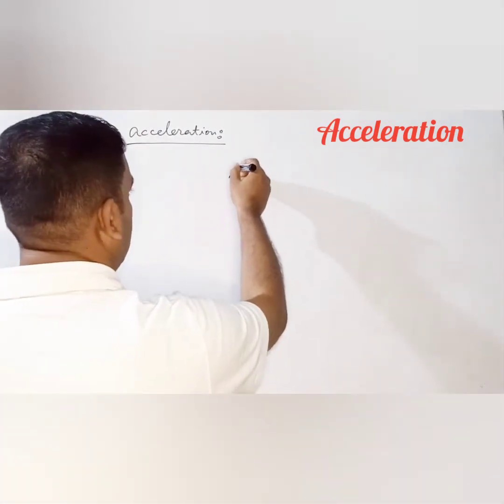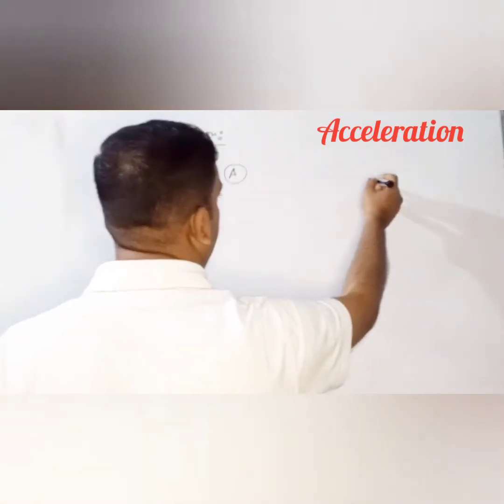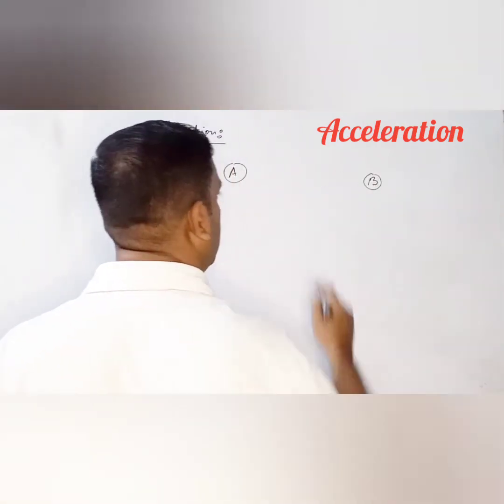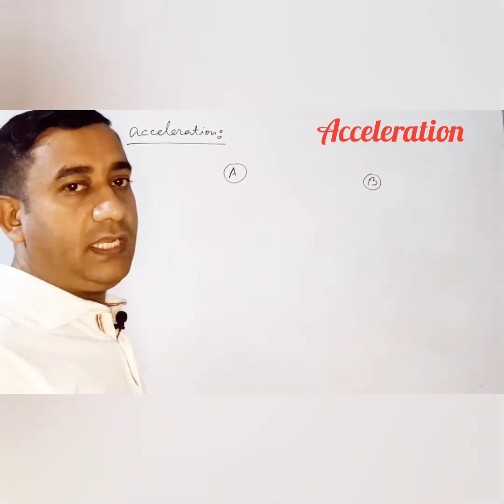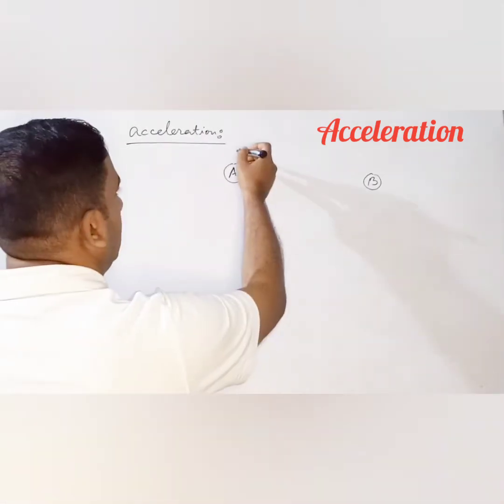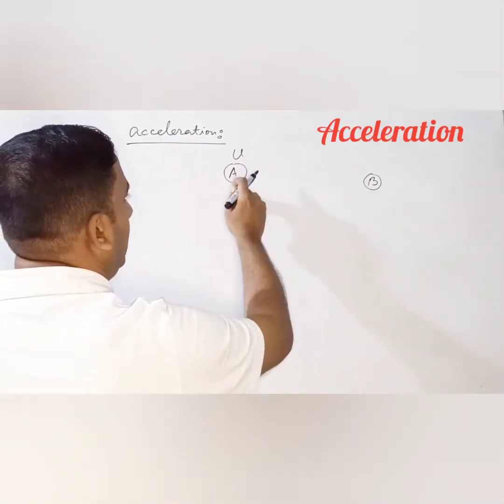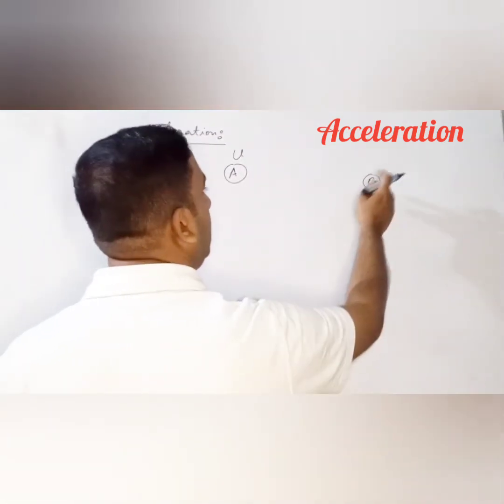Suppose A and B are two positions of an object where the initial velocity at A is u and the final velocity at B is v.